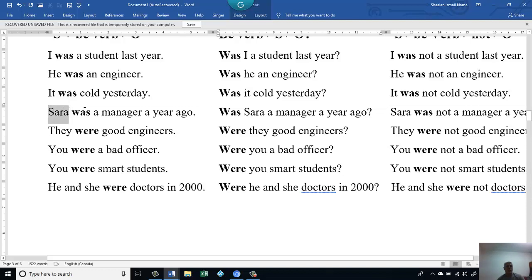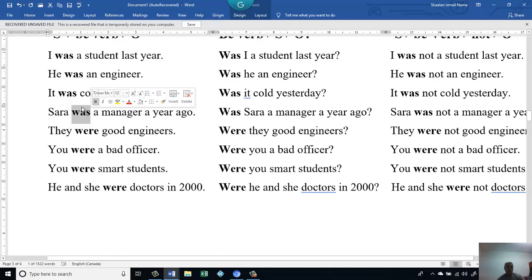Same thing we have here. Sarah was a manager a year ago. It means a year ago she was a manager, she is no longer a manager. Here we don't have a past form, we have a year ago. This ago gives me an indication that it happened in the past. And the second thing, because I have was here, then I know it happened in the past. Then how to make a question?